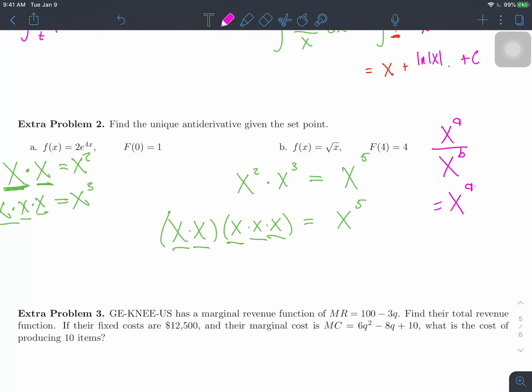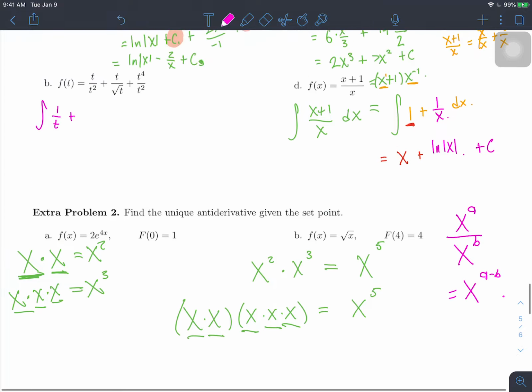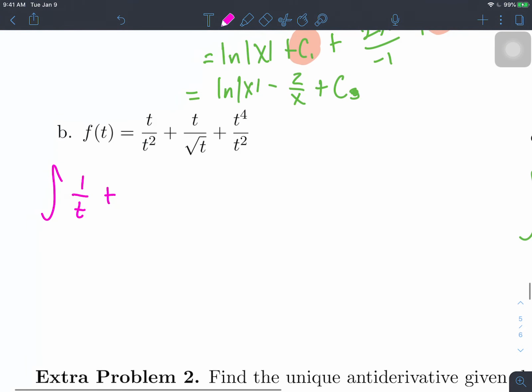Subtract. I get a minus b. So if I have t to the power 1 divided by t to the power 1/2, and I take those numbers and subtract them, what do I get? You just get 1/2. Yeah, so I'll have t to the 1/2. 1 minus 1/2 is 1/2.